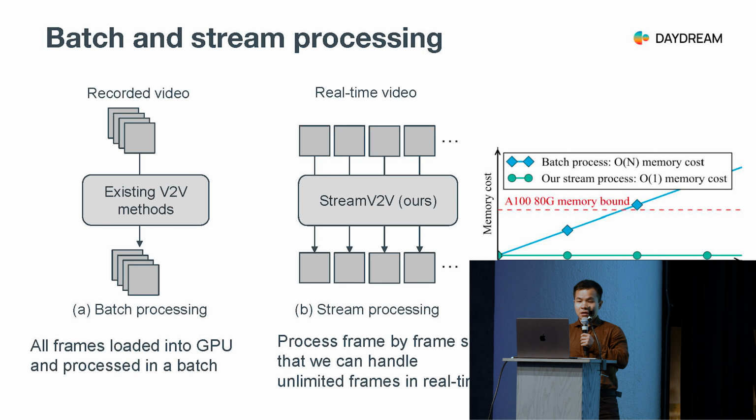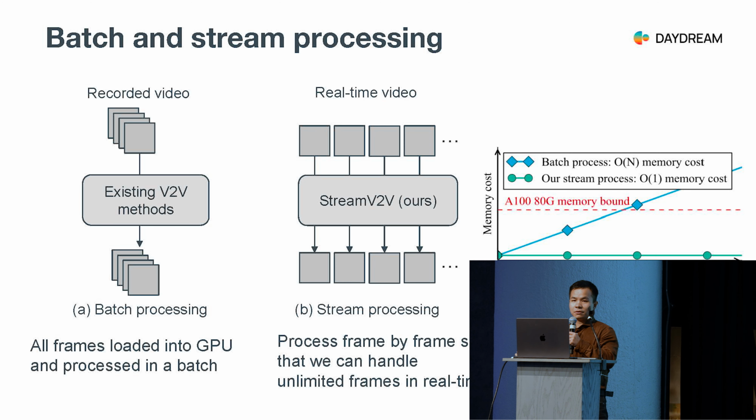They treat it as a batch, and then you put this batch into a diffusion model, and the output will also be a batch. Because all the frames are loaded into the GPU, the memory will increase with the number of frames that you process. So when you reach a limit, that is the amount of frames you can deal with.